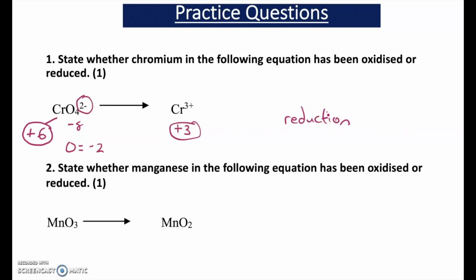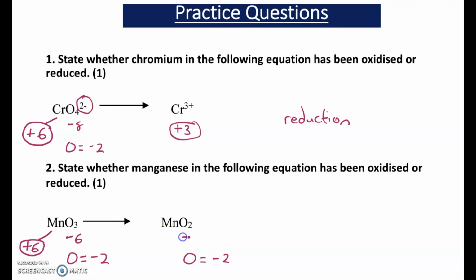1 mark for that. Now in question 2, we have MnO3. Oxygen is once again -2 oxidation state. I've got 3 of them, so it's -6 in total here. So the manganese must be +6, because remember, compounds have 0 oxidation state. In MnO2, we have O2-, so there's 2 of them, so it's -4.